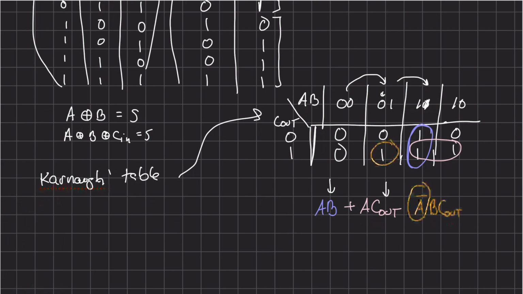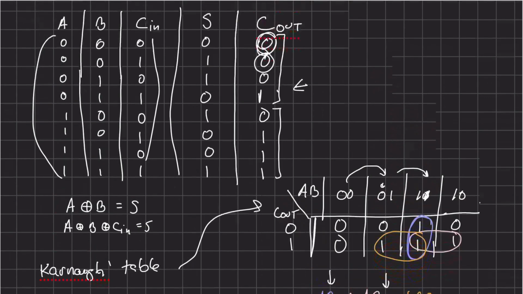Because at the end of the day, if I go back and use those two ones here, we realize that B and Cout are ones, and it doesn't matter what A is. So we have the equation B Cout with a plus here. So this gives me the equation to be able to compute the Cout.